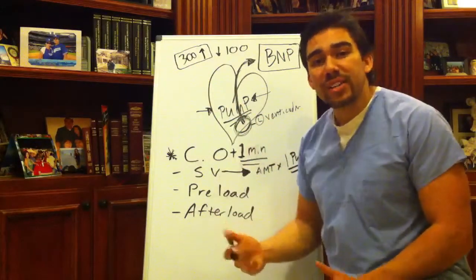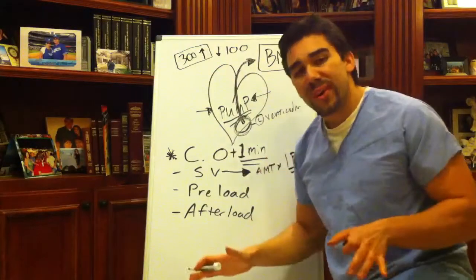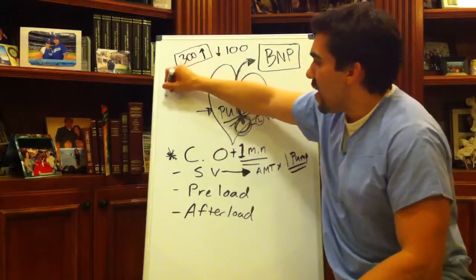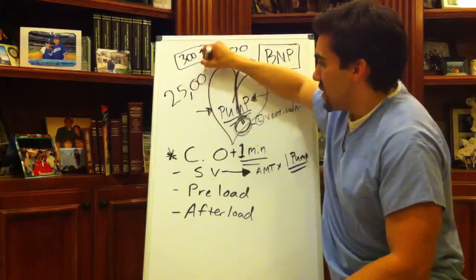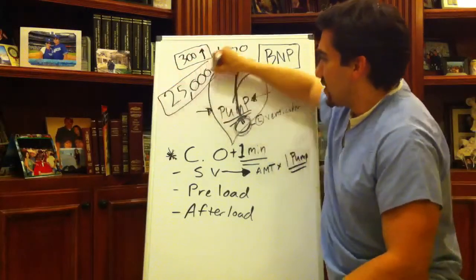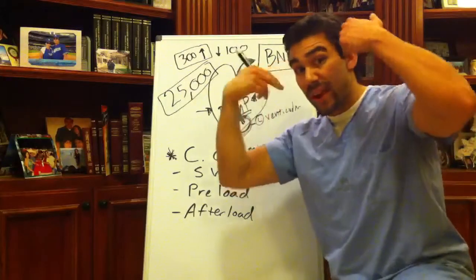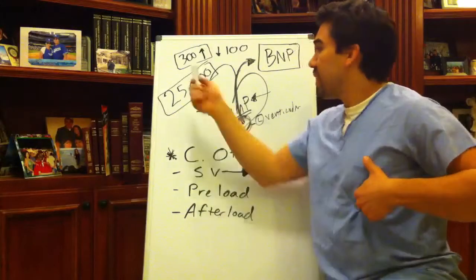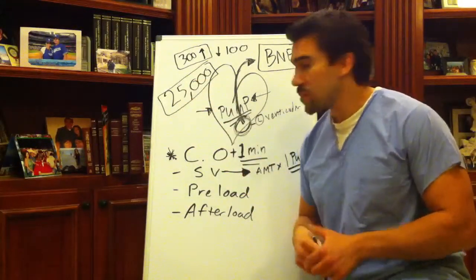Now, I had a patient that had a BNP, no joke, in the hospital setting of over 25,000. That is a lot of brain natriuretic peptides coming from the brain, trying to communicate to that left ventricle. And this patient was in severe congestive heart failure.